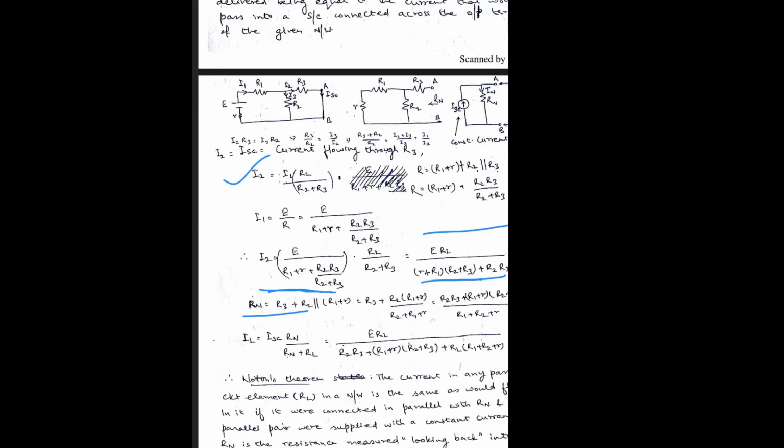So now, what was our requirement? Our requirement was to calculate the short circuit current and the Norton resistance, so that the load current can be calculated. Now Rn is known to us, and the short circuit current is also known to us.